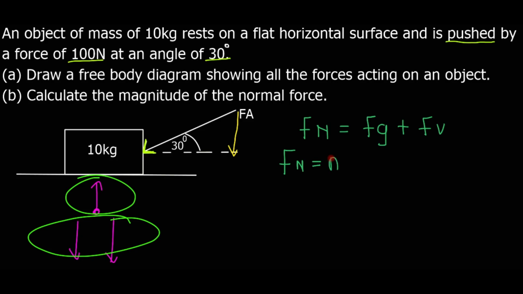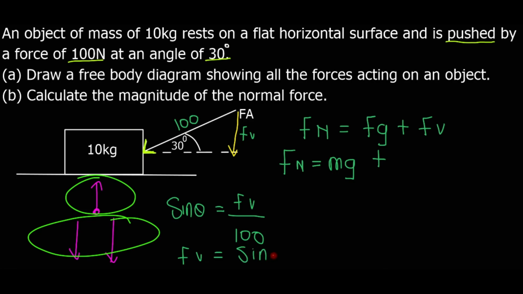So Fg is mg, and then Fv, remember sine theta equals opposite, our opposite is Fv, and our hypotenuse is this force, 100. So from there your Fv is sine theta times 100.